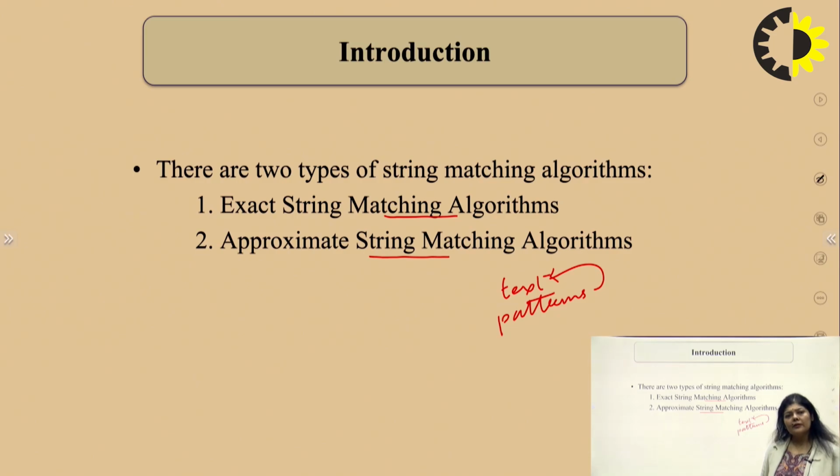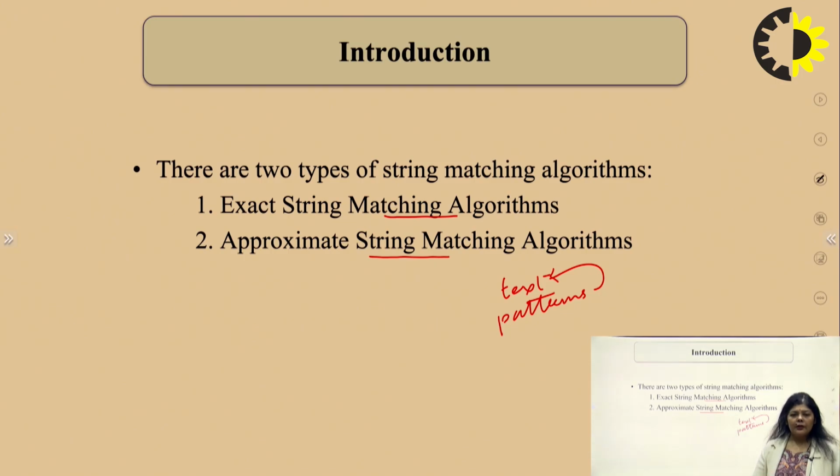Or there could be cases where the pattern is not matching over the text, and we are okay with finding out however much the pattern is matching, and that percentage needs to be reported by the algorithm. So whether the pattern is completely matching or not, even if it is not completely matching, we want the algorithm to report to us how much the pattern is matching over the text string.